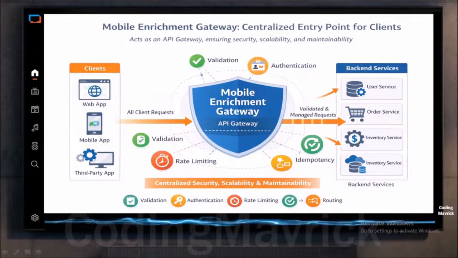Instead of allowing clients to directly access backend services, every request flows through this gateway first. This is where we centralize critical responsibilities such as request validation, authentication, rate limiting, idempotency, routing, and response handling. In real-world systems, this layer is essential for security, scalability, and long-term maintainability.